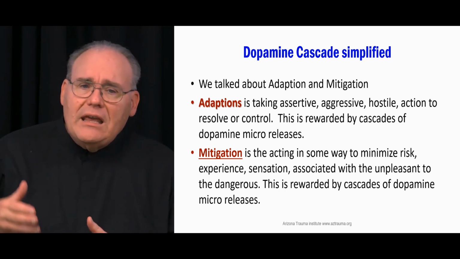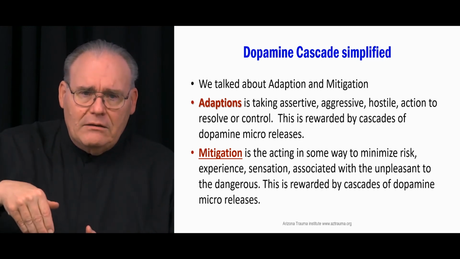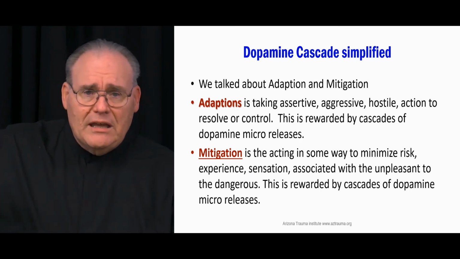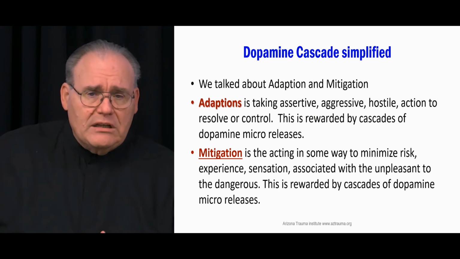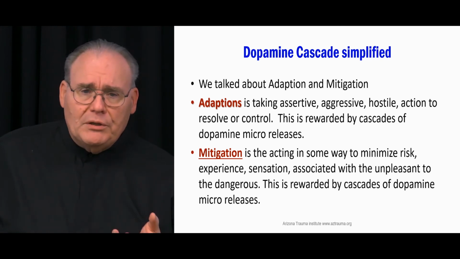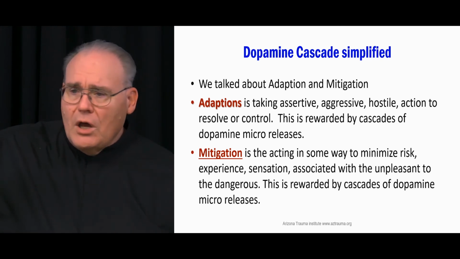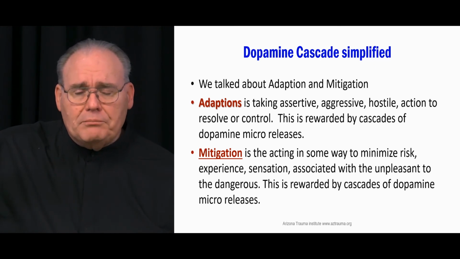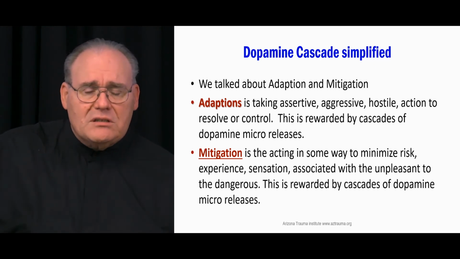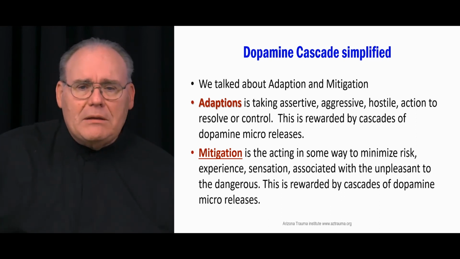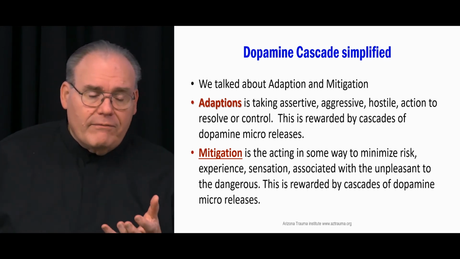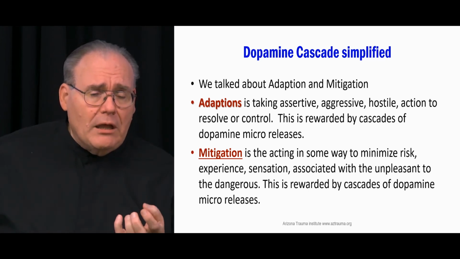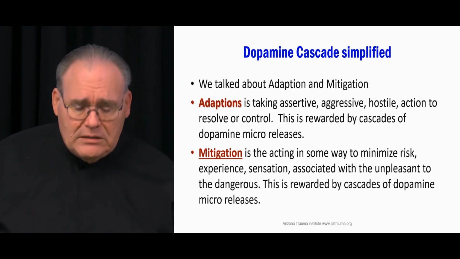Because if all of your system is designed in a way that is assuming that something out here in the future is going to be wonderful and you want to work towards that, and you're dealing with somebody whose nervous system has been built around mitigation, you can talk this all day long, and they aren't going to be able to perceive it. They may academically understand it, but they're not going to be able to live into it because it's not the way their nervous system has been built to be rewarded. And instead, you have to function from the point of view, how do we help them mitigate in the direction that they want to go?